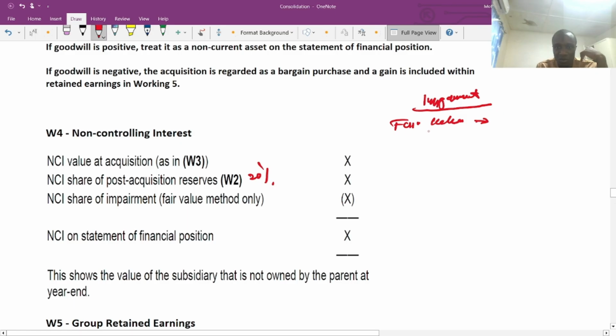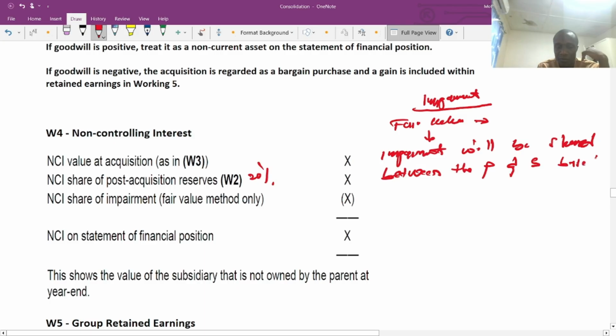Fair value method means impairment will be shared between the parent and subsidiary based on the group ownership percentage holding.